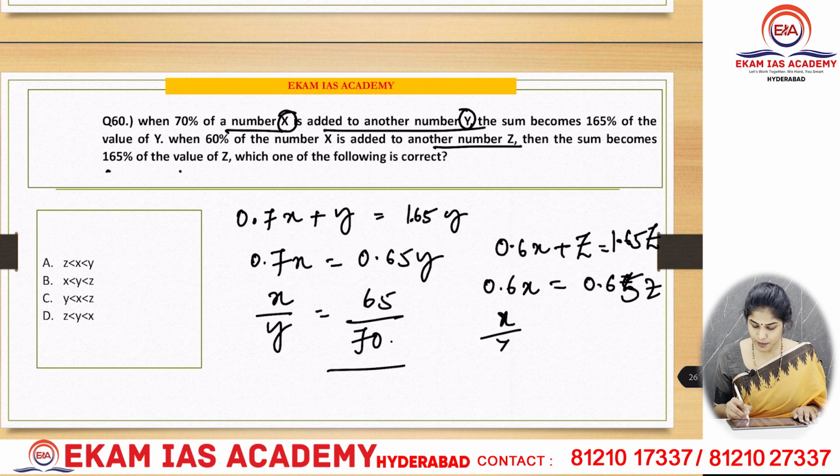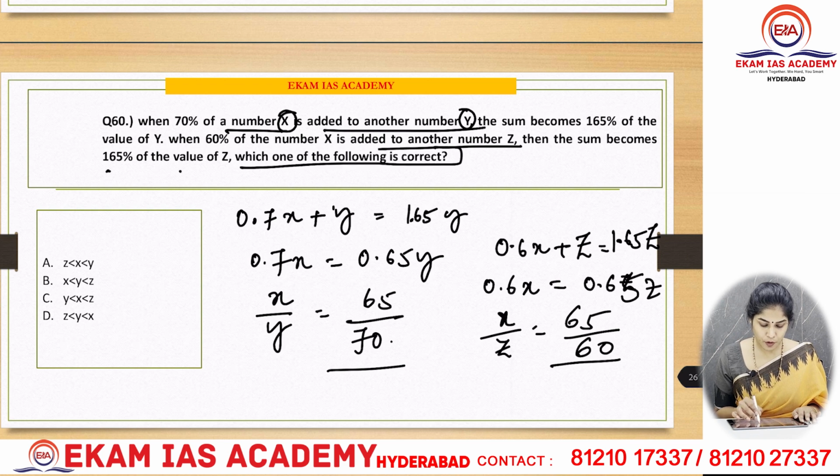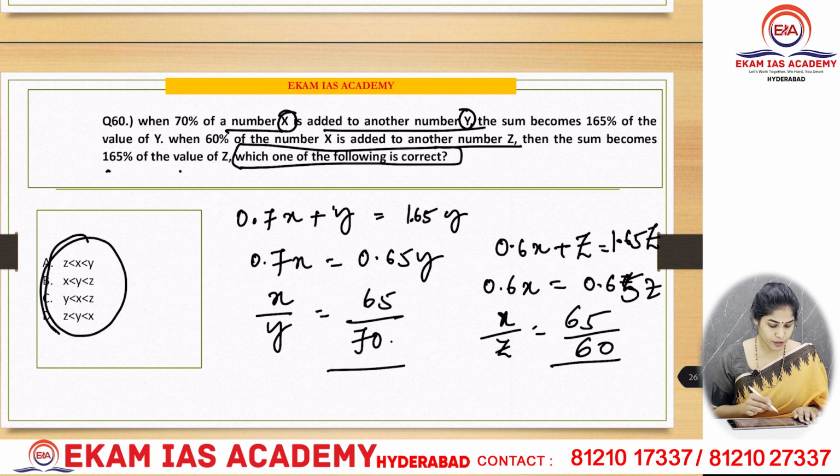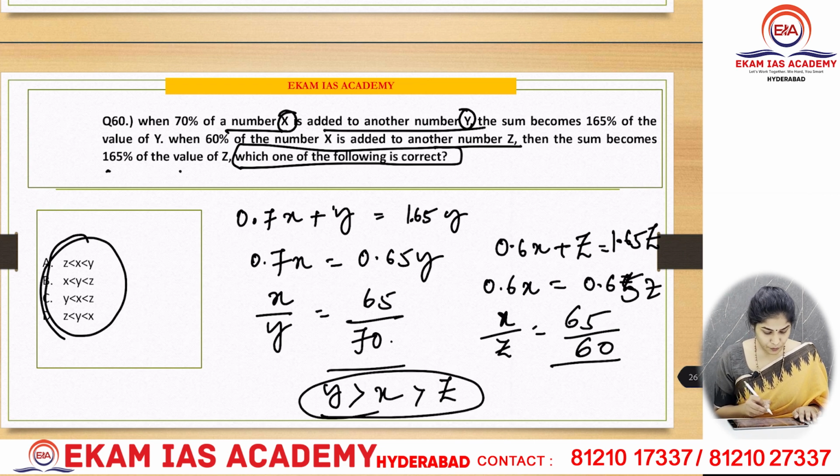So x by z is equal to 65 by 60, right? So here what are they asking? Which one of the following is correct? Increasing order and decreasing order they are asking about. So y is greater than x and it is greater than z, right? So first option is the right option.